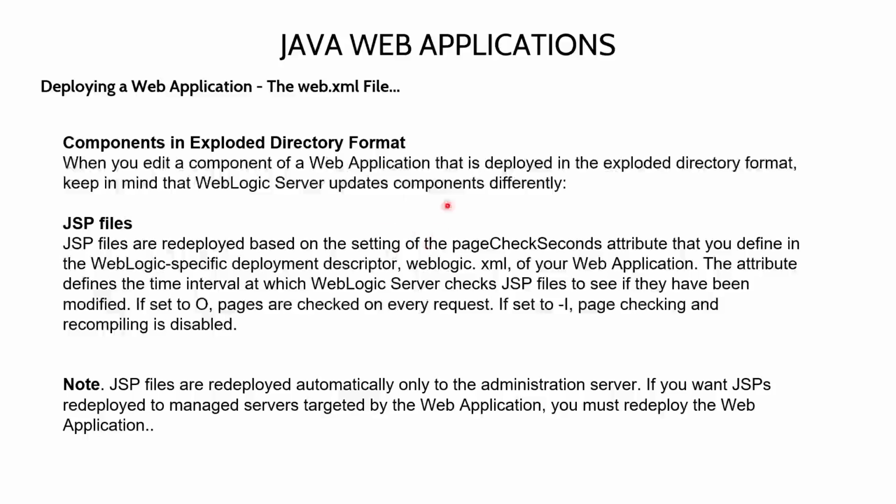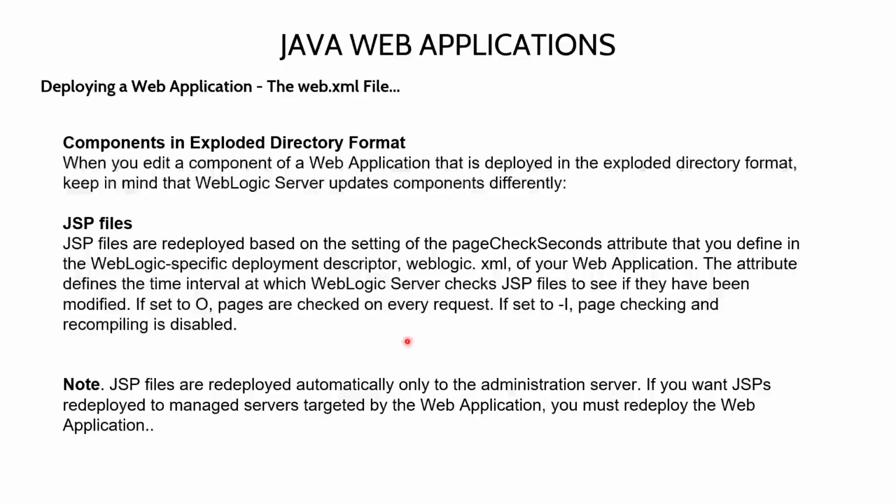And one particular thing to watch out for if you use the exploded format are JSP files. When they are redeployed, there is a setting called page check seconds, and that is an attribute that is defined within the deployment descriptor or the web XML file of your application. So the attribute defines the time interval at which the server checks the JSP files to see if they have been modified.